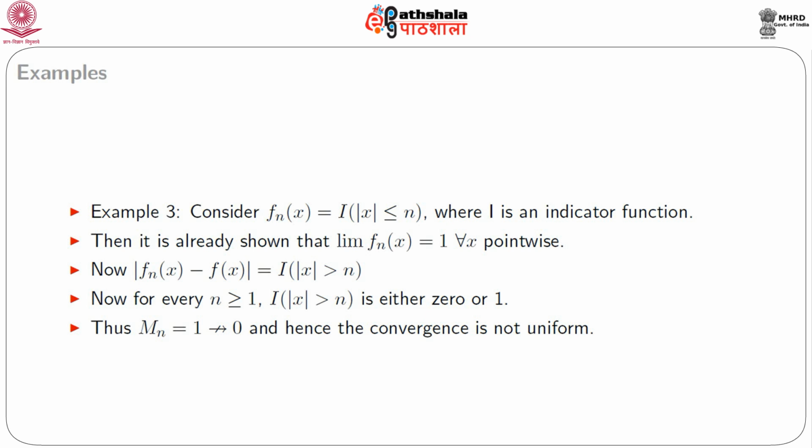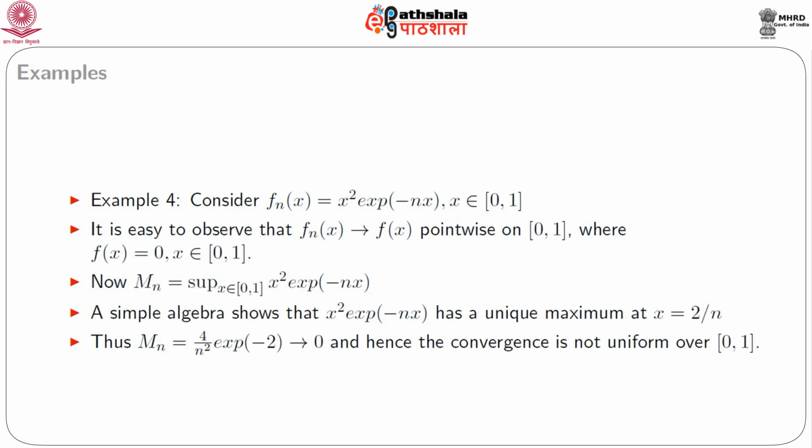Now for every n greater than or equal to 1, the indicator of absolute value of x greater than n is either 0 or 1. Thus in any case Mn equals 1, which does not converge to 0, and hence the convergence is not uniform, though we have seen pointwise convergence for this example.